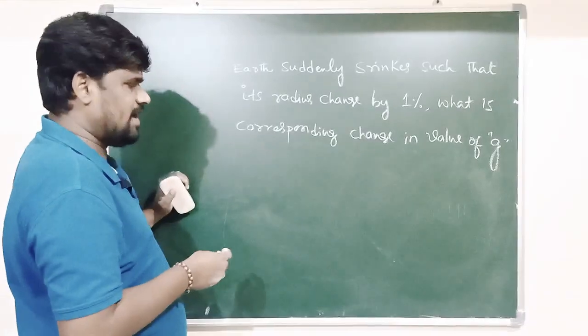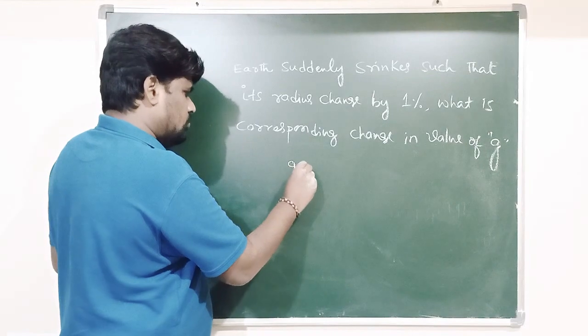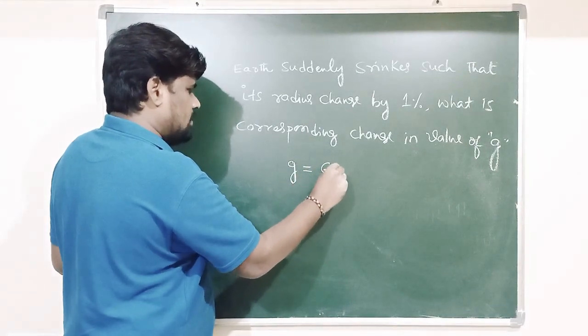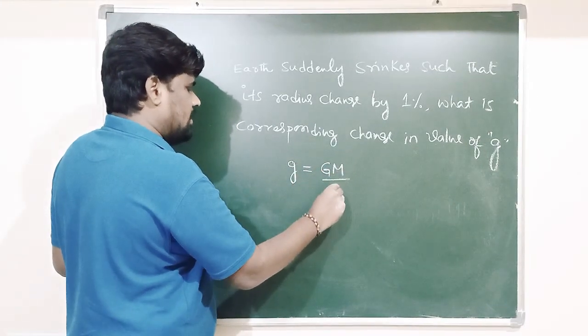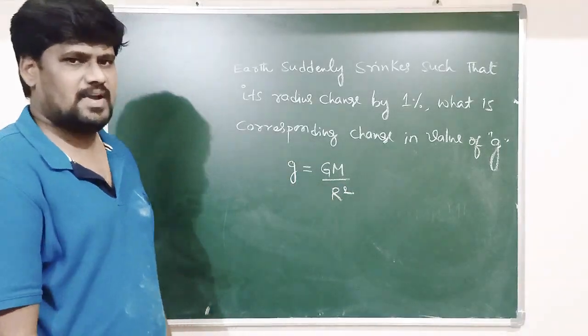So that can be easily identified here. What is the formula to calculate the acceleration due to gravity? For any planet, it is calculated using g equals G m by r square.